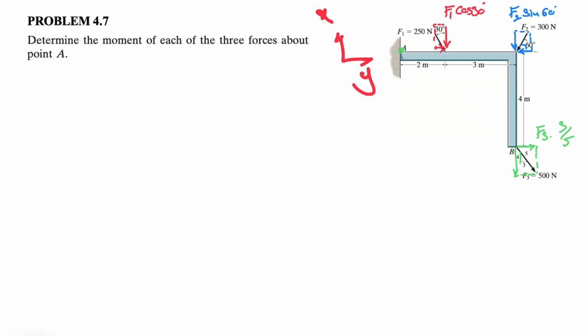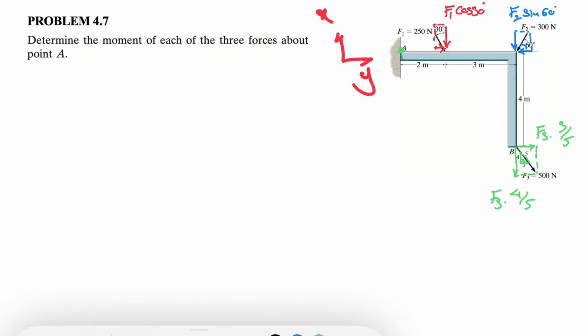If you look at this right triangle, for the x component we have the horizontal side, which is 3 over hypotenuse, and for the vertical one we have F3 times 4 over 5, and 4 is the y component. So now we're good to go to start our moment, and I'm going to go with the color of each force.